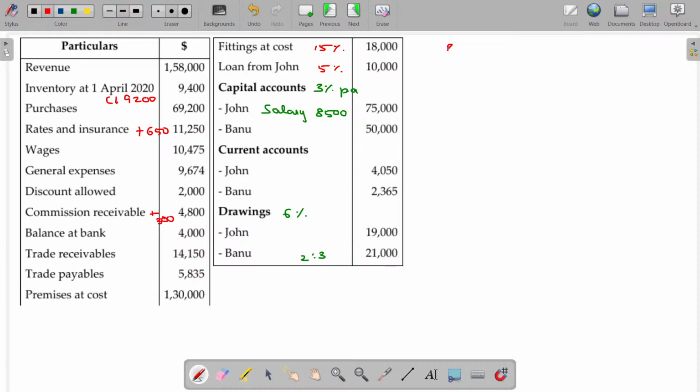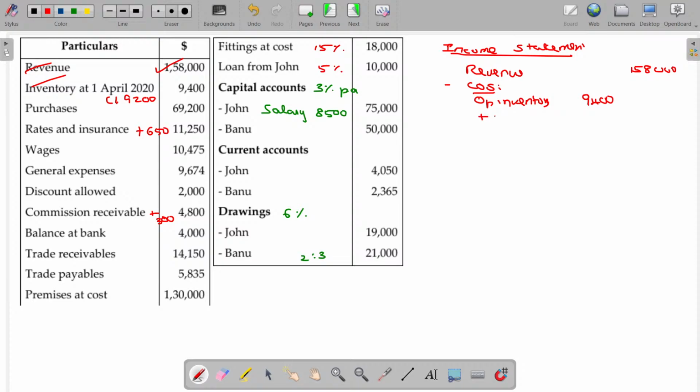Income statement. Revenue being 1,58,000. And inventory, you have to subtract cost of sales. In that, opening inventory 9,400.